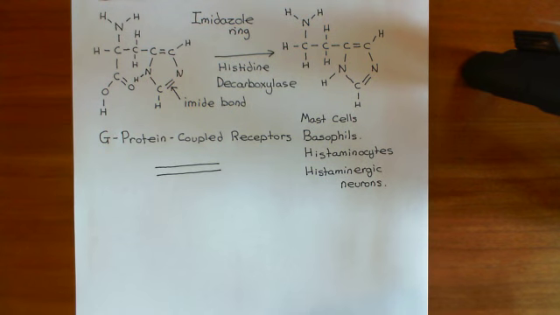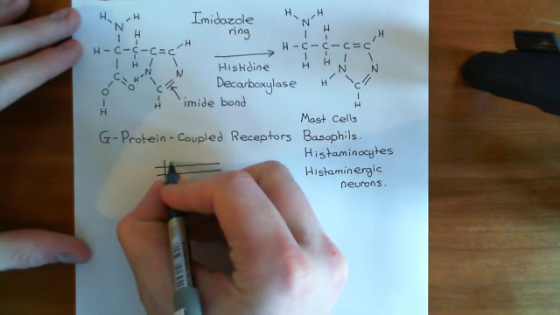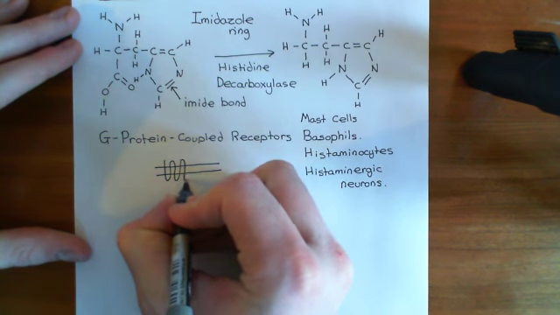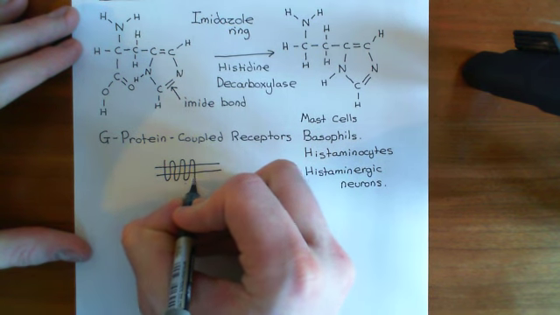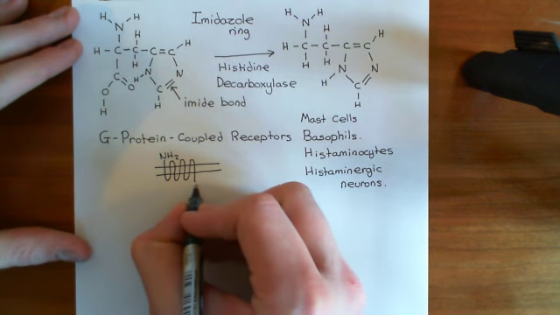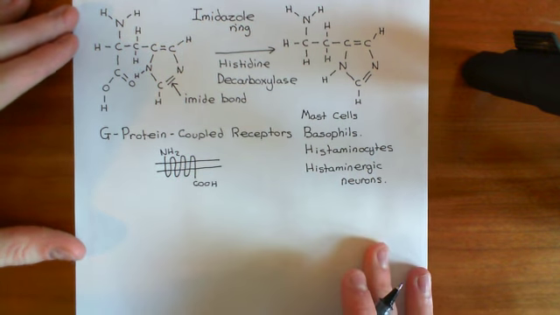They are an enormous family of proteins. There's over 800 different G-protein coupled receptors. So let me draw out the basic structure. You have these 7 membrane spanning alpha helices like so, and the amino terminus is extracellular here, and the carboxylic acid terminus of the protein is intracellular.